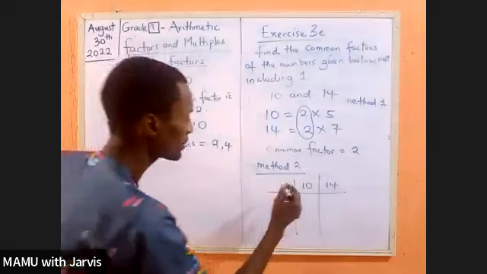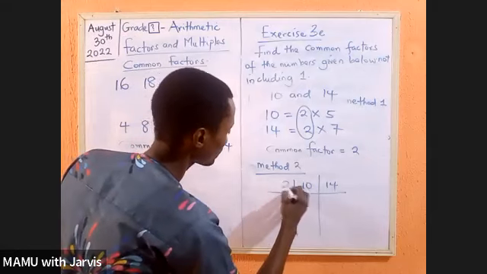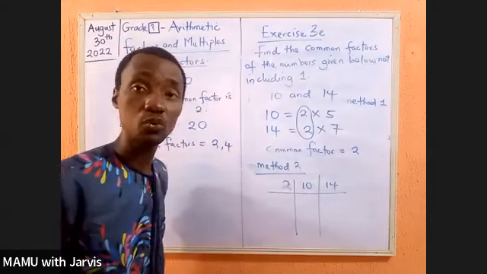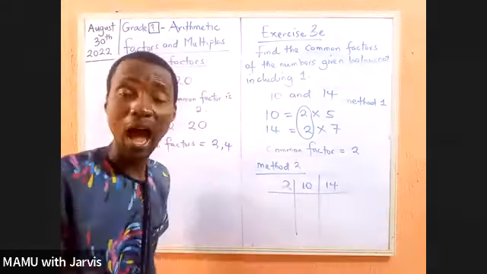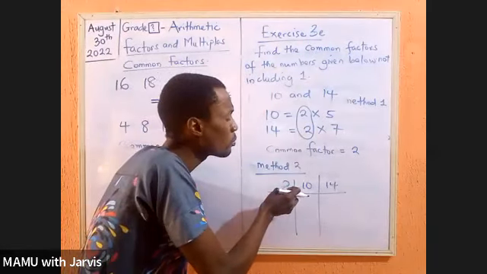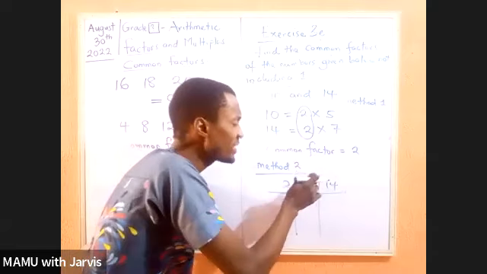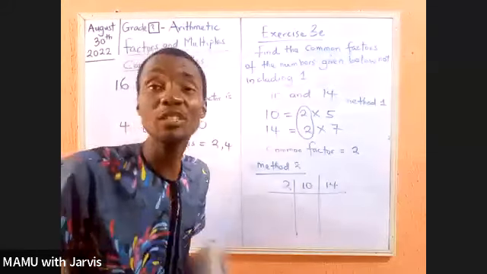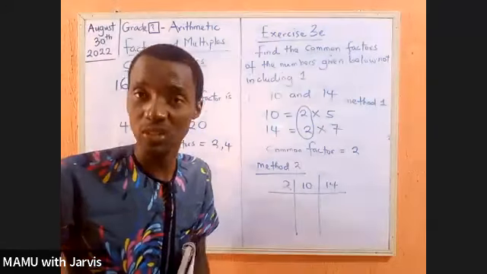Right? So with this, we have 2 here. Why the choice of 2? Because they are both even. And when you're dealing with common factors, the number you must pick here must divide this and this. If it cannot divide both, please don't use it.